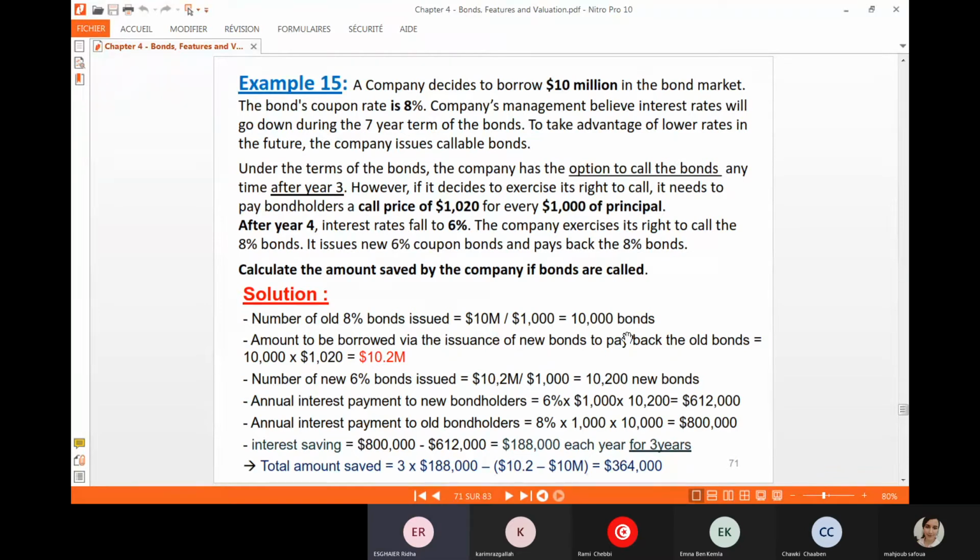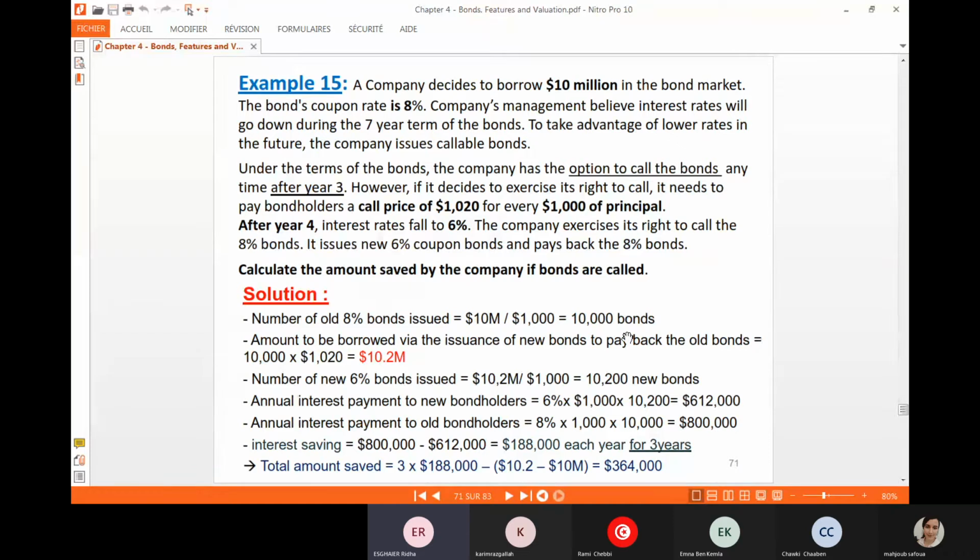So the number of bonds that the company must buy back, must redeem, if you want, must call, is 10,000 bonds. But the price at which the company should buy back these bonds is 1,020 instead of 1,000. For each 1,000, you must pay 1,020. So there is a call premium.